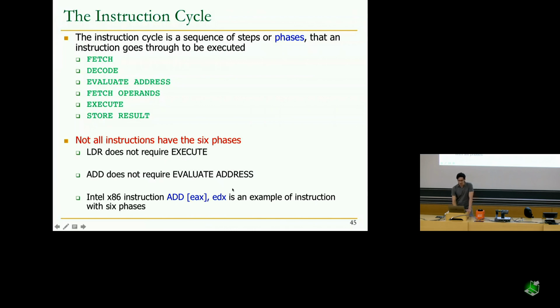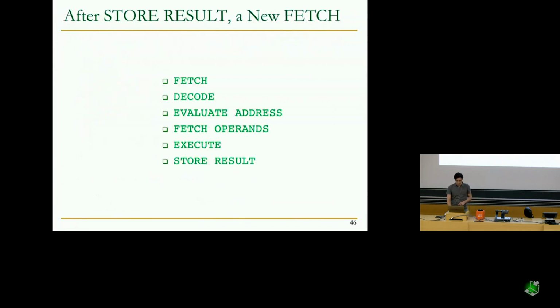It has EDX, which is a register, and then it has EAX, which is a register that contains an address that should be accessed in memory. So this instruction accesses memory, takes one register, and adds both. That's why it needs the 6 phases.